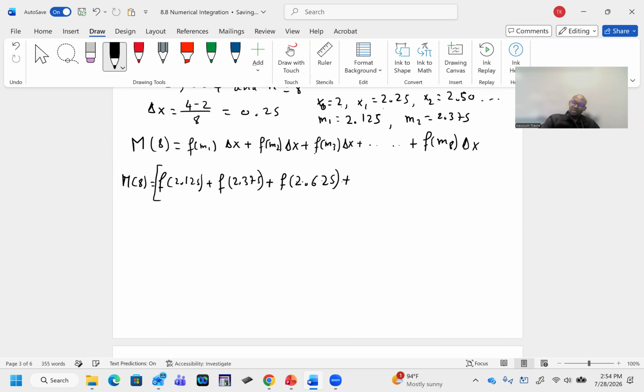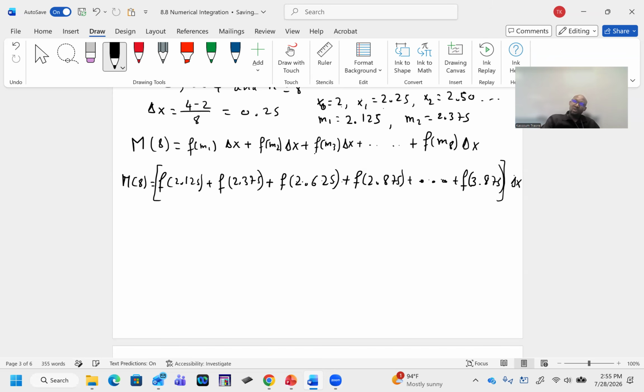Plus, again, you have to do all 8, right? And M4 will be between 2.75 and 3. So that will give me f of 2.875, up to M8, which is 3.875, times delta x.